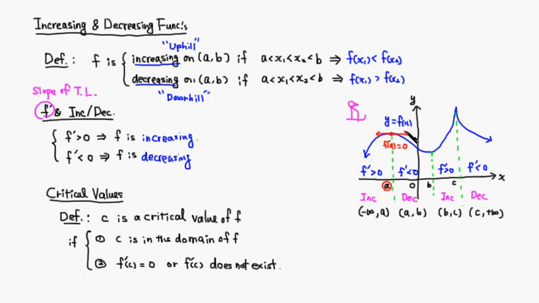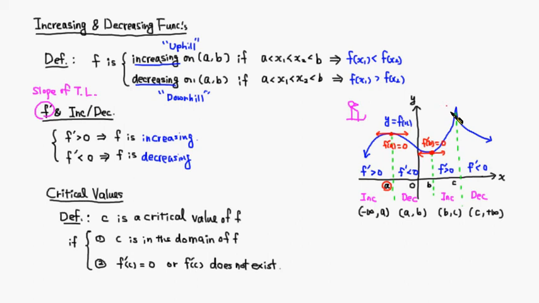Because the horizontal line has a slope 0, right? There's another point, B. B is another critical value because, again, it has a horizontal tangent line, which means that the derivative at B is equal to 0, right?